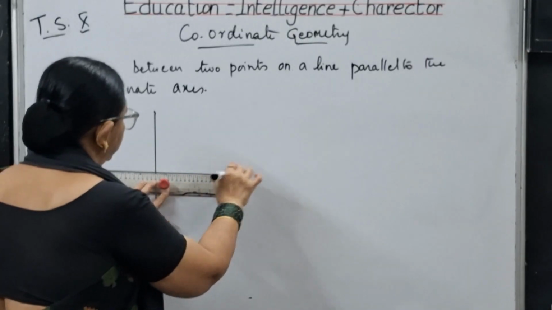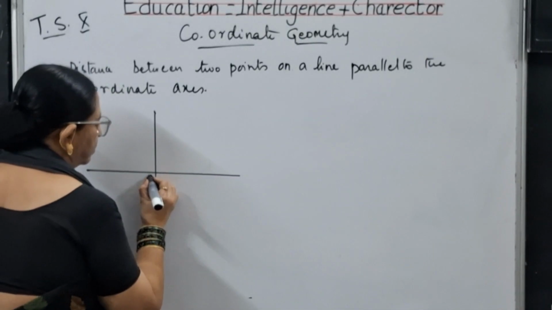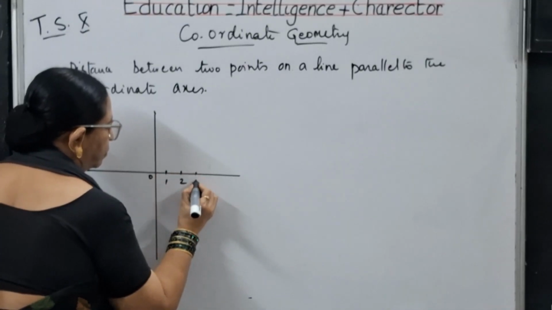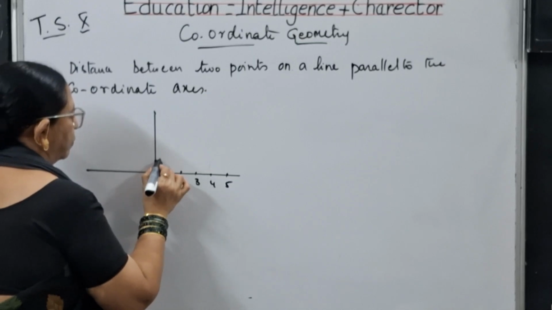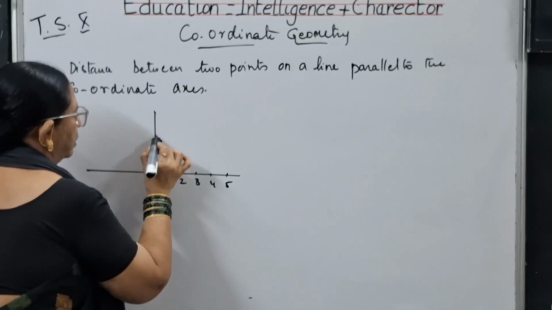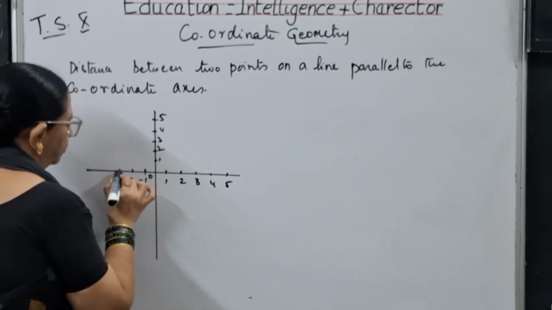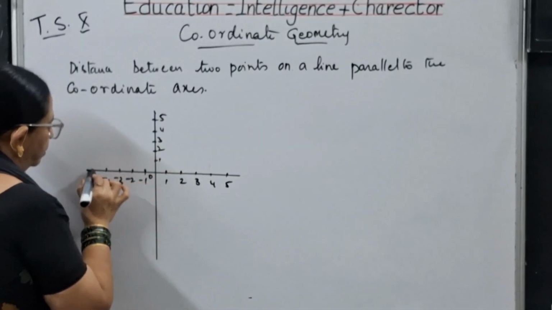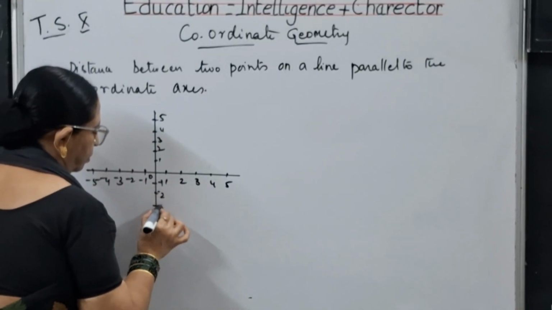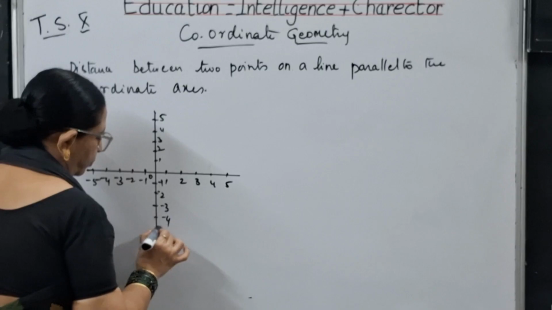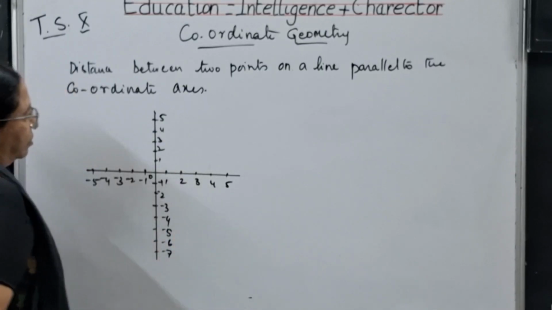So let me take the coordinates here, x coordinate and y coordinate. 0, 1, 2, 3, 4, 5, so on. 1, 2, 3, 4, 5, minus 1, minus 2, minus 3, minus 4, minus 5, minus 6, minus 7. It goes on like this.